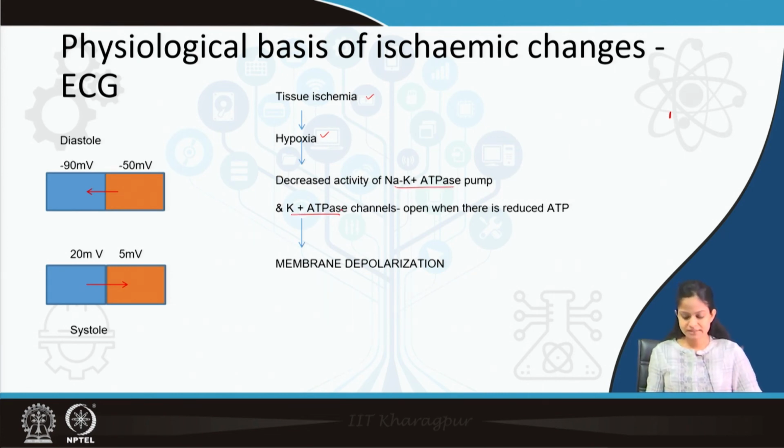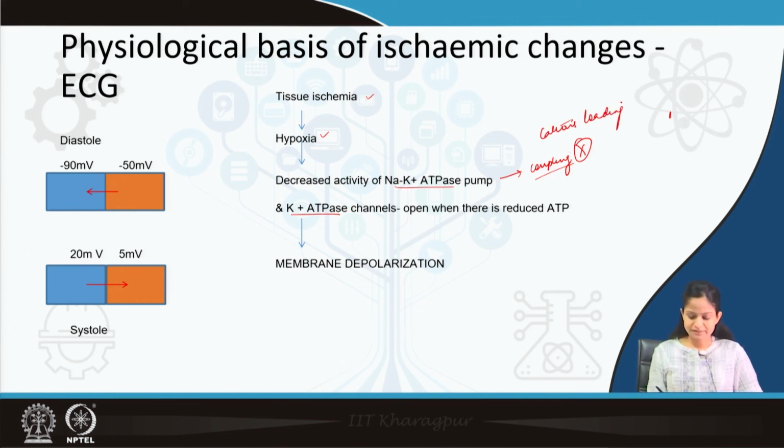Because of this decreased activity of the sodium potassium ATPase pump, the coupling mechanism, that means the throwing out of 3 sodium outside and taking in of 2 potassium inside, will get affected, which will cause loading of cations in the cell.